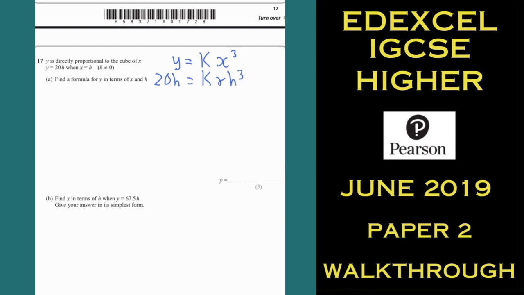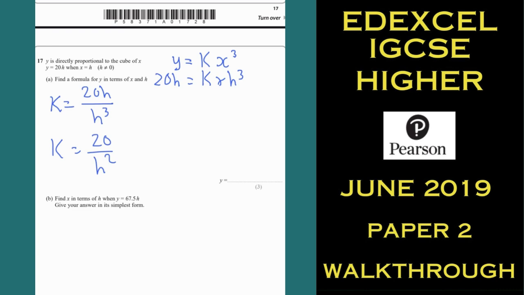What you do normally, if you've got numbers, is you want to find out what k is. So k is 20h divided by h cubed. Well, we've got an h that cancels. So weirdly, we get 20 over h squared for our constant k. It doesn't matter.